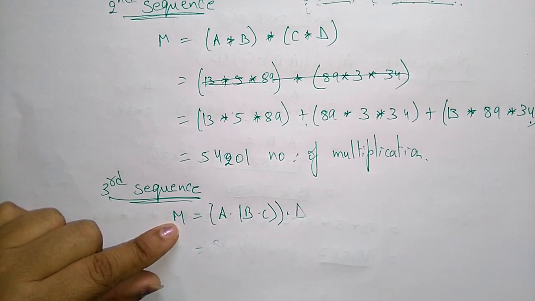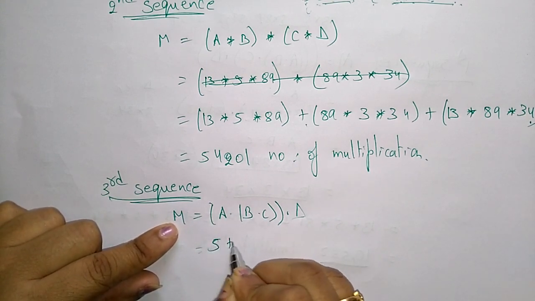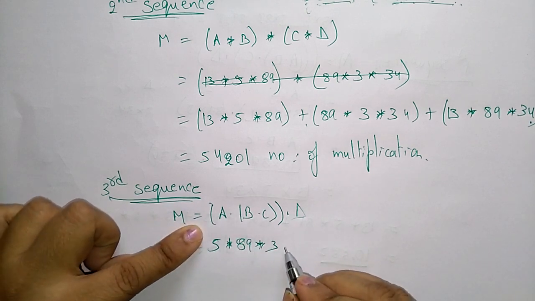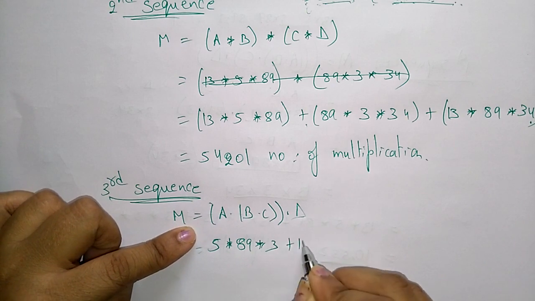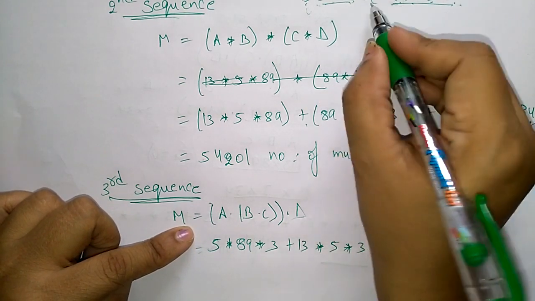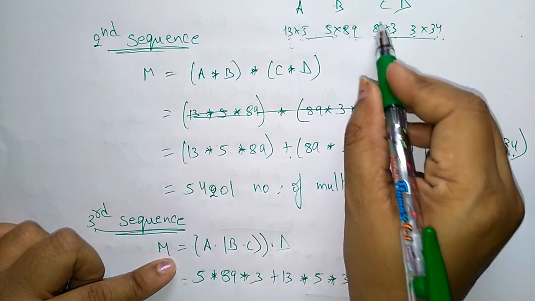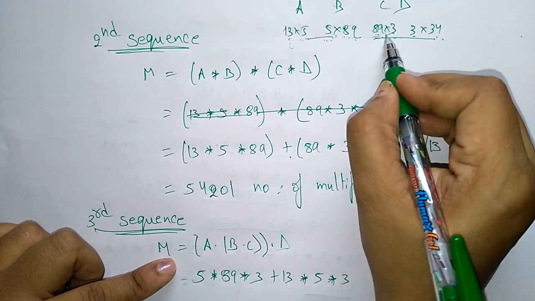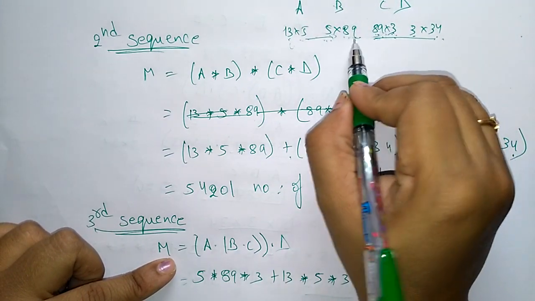That is 5 into 89 into 3, and next plus 13 into 5 into, we are just multiplying the sizes. Whenever there are equal sizes, you have to take only one.